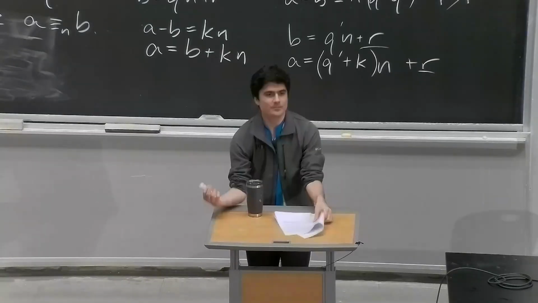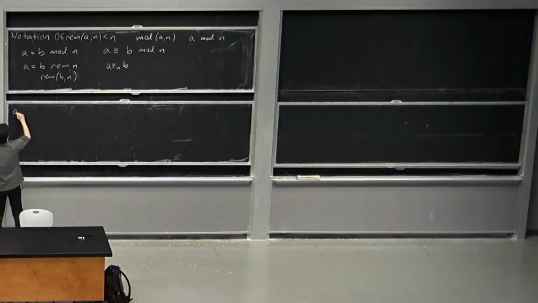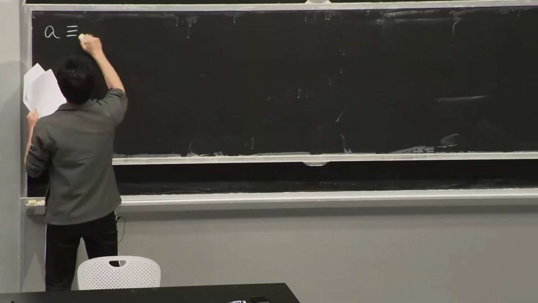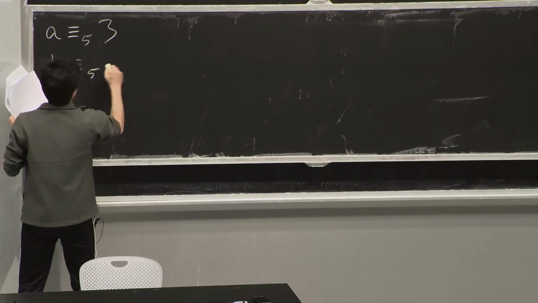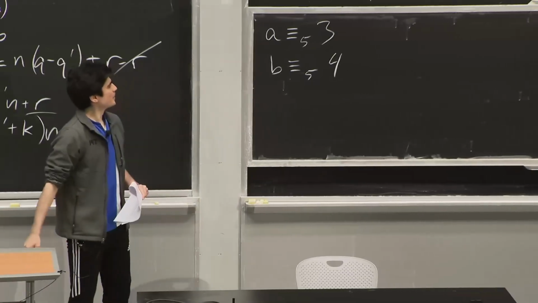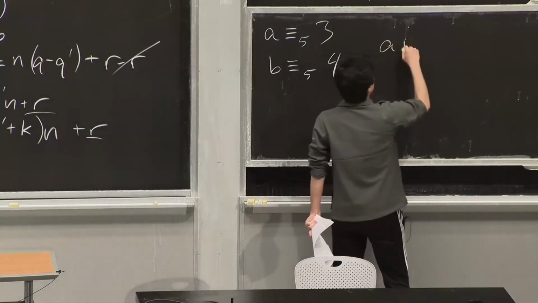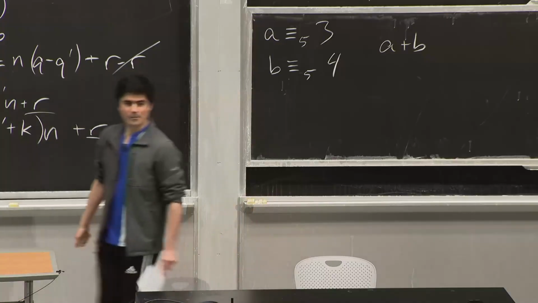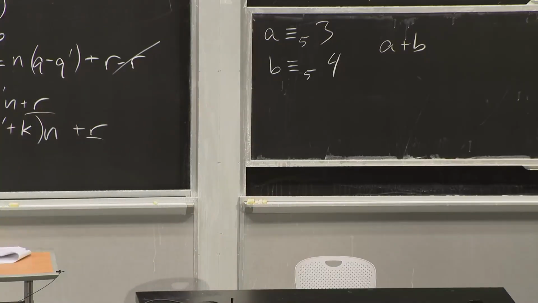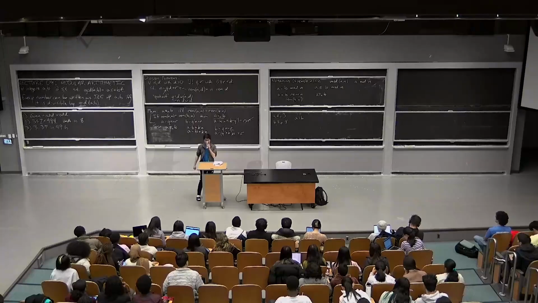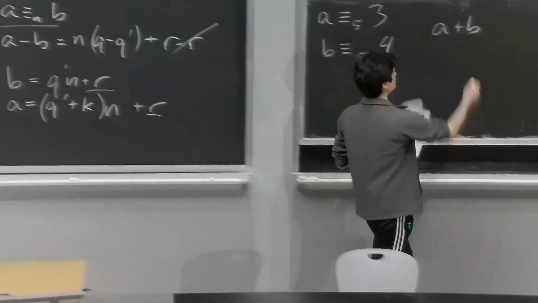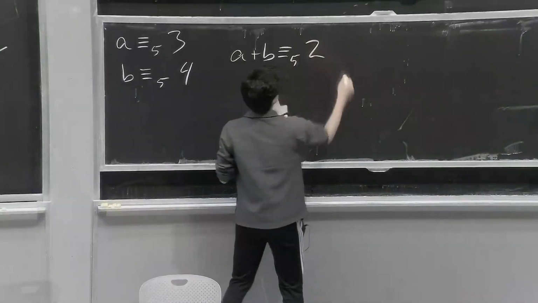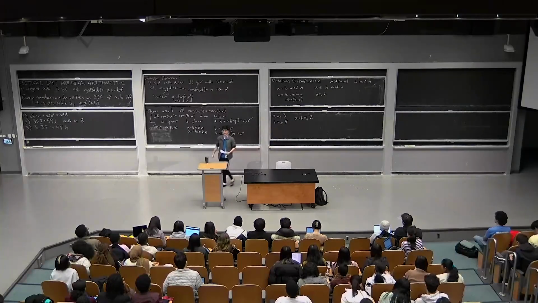And more generally, if we take any a congruent to, let's say, 3 mod 5, and any b congruent mod 5 to, say, 4, if you add them, what do you know about their sum? So their sum is always going to be congruent to 2 modulo 5.